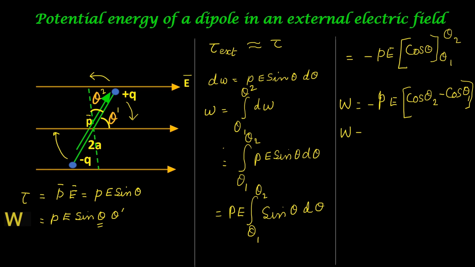And that is the change in potential energy, which can be represented as delta U. Delta U means final potential energy U2 minus initial potential energy U1.